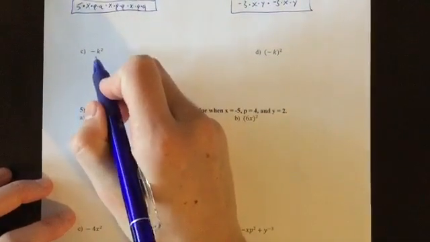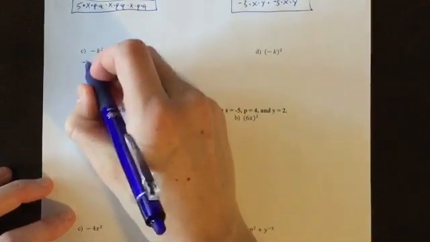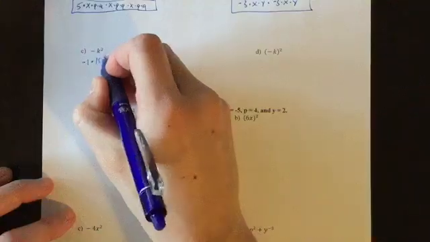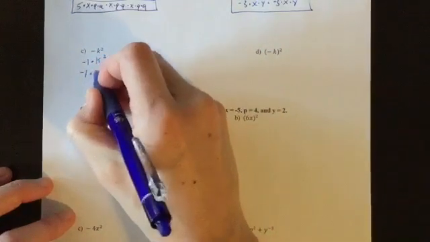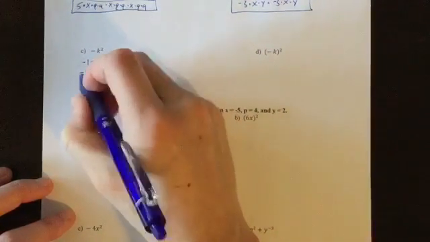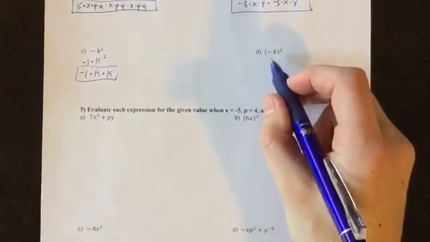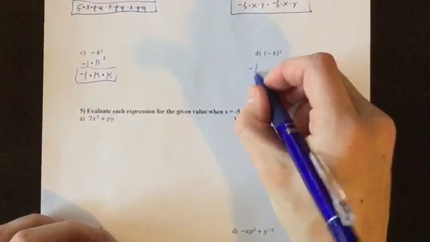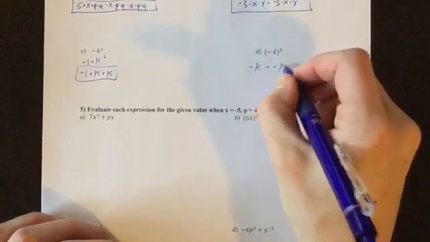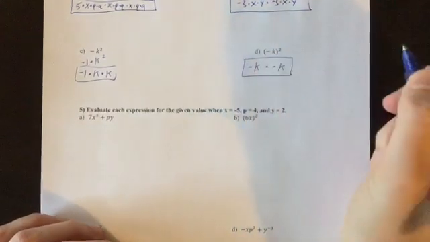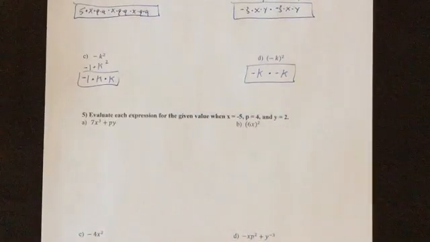C is really just asking us to identify that negative as a coefficient of negative 1 and then expand. Whereas on D, with parentheses, it's asking us to identify that the base is the negative k, and that's what's going to get repeated in multiplication.